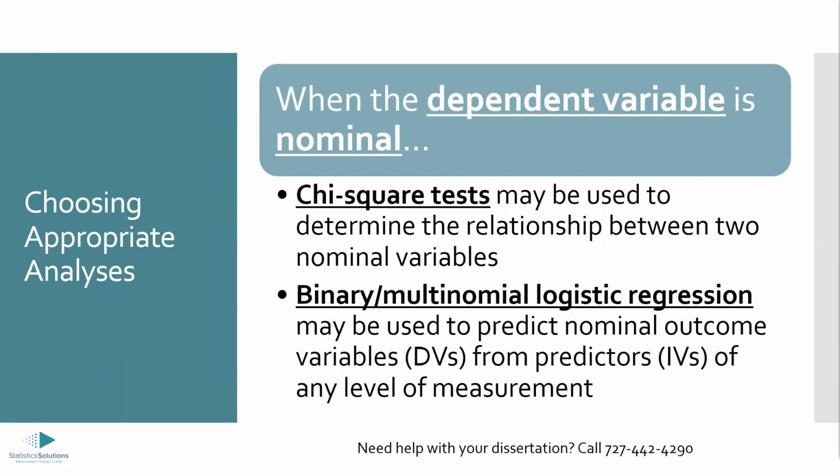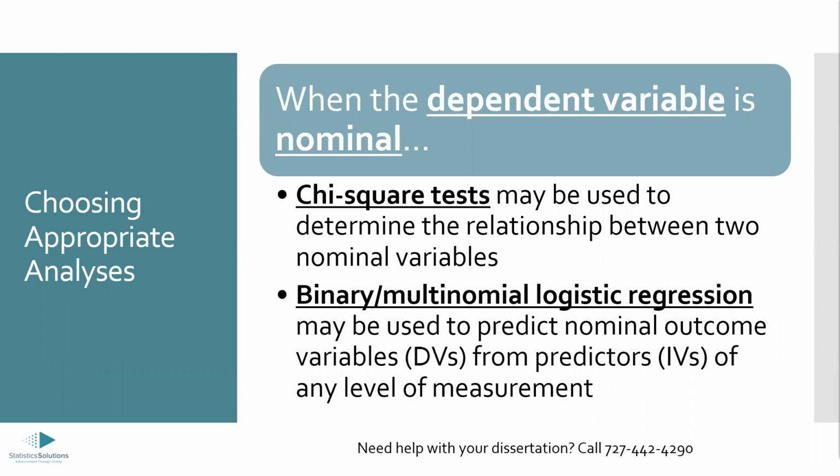If we want to look at prediction, so predicting membership in a category of a nominal variable from multiple predictors, then we would have to use something like a binary logistic regression or a multinomial logistic regression.